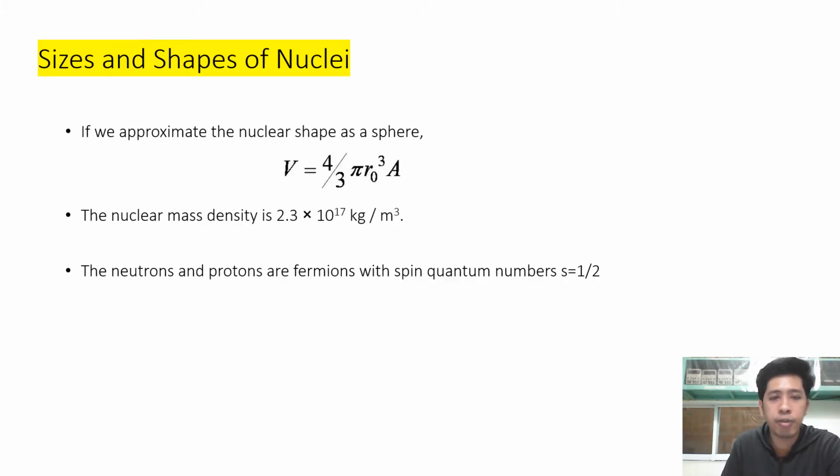You can approximate the nuclear shape as a sphere of volume 4/3 pi R naught cubed times A. It has a nuclear mass density of 2.3 times 10 to the 17 kilograms per cubic meter. And neutrons and protons are fermions with spin quantum number s equals 1/2.